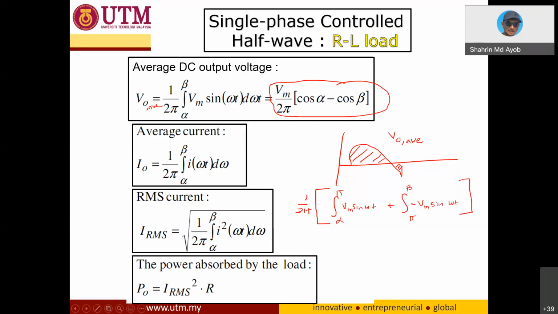You have two portions: from alpha to pi you have a positive part, and another portion is the integral from pi to beta, which is negative Vm sine omega t. Finally you will obtain Vm over 2 pi, cos alpha minus cos beta.